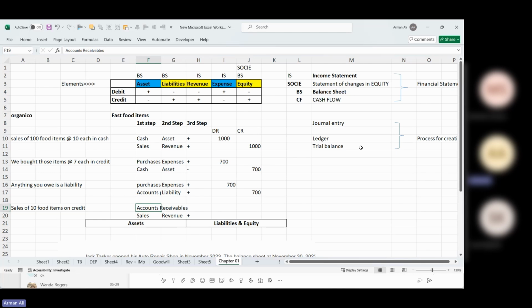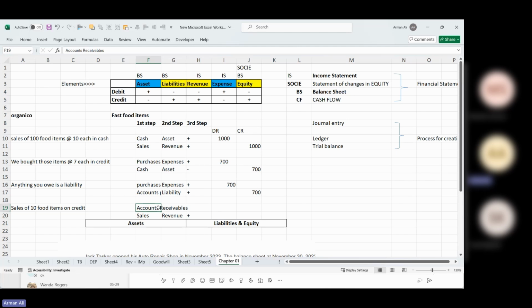It will always be your asset. Asset is something which generates you business, which generates you money. So accounts receivable is something that is going to generate for you money in the future. When these customers come back and pay you, you're going to generate cash. So this is like conversion of one asset into another.